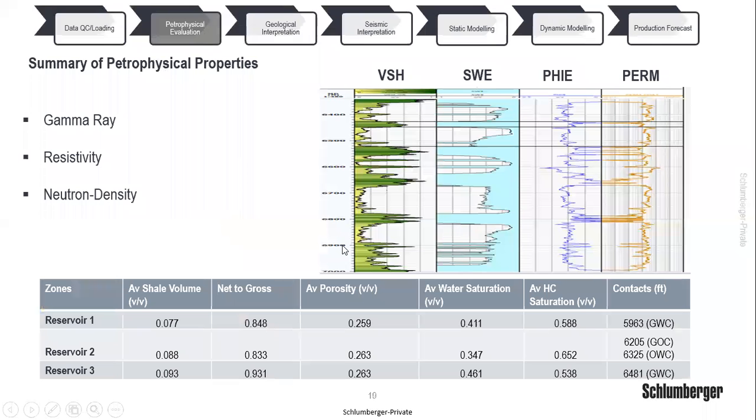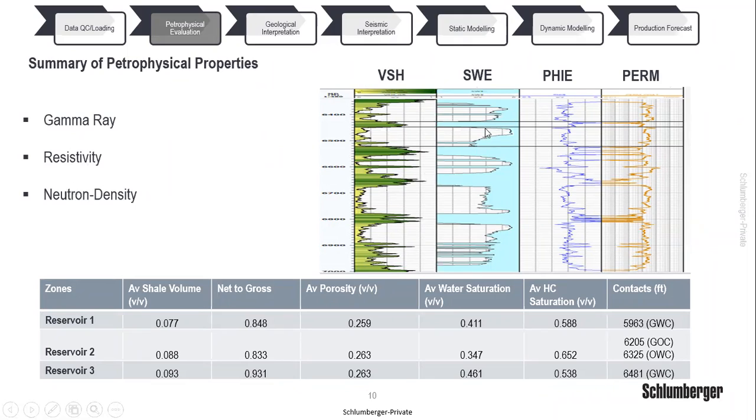So that's about that. For the project proper, we were able to generate from our gamma ray, resistivity and neutron density logs, which we already had as data initially. We used these logs to make meaning out of the data in terms of petrophysics. From this we were able to generate the volume of shale.